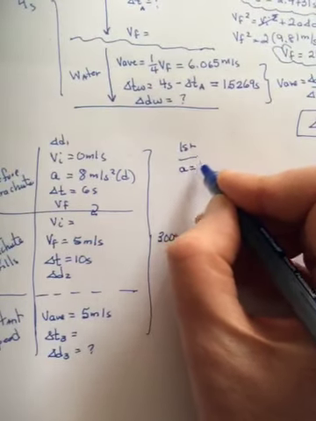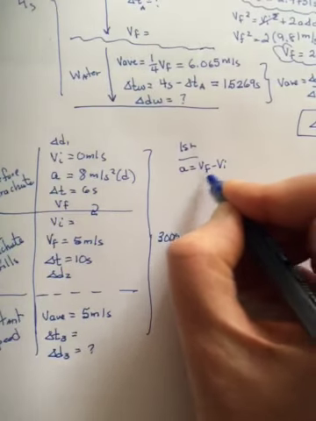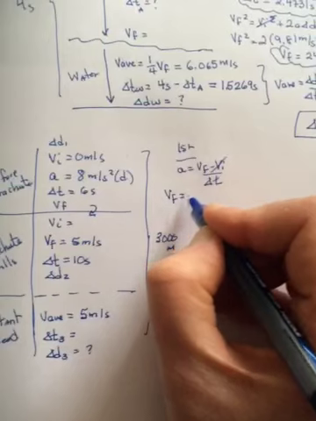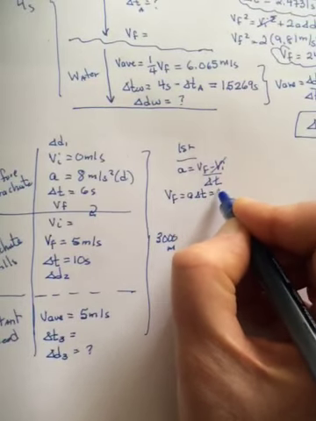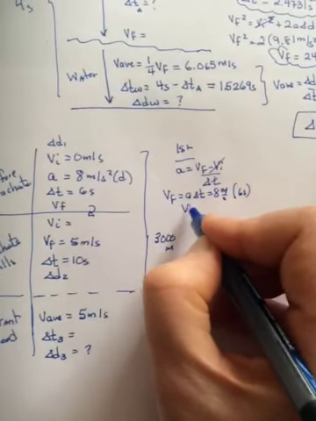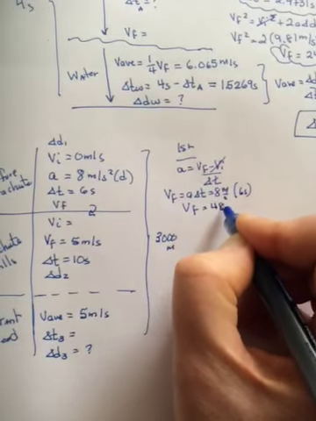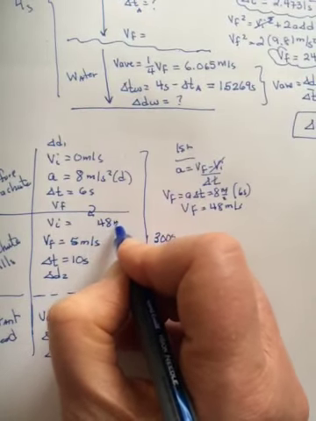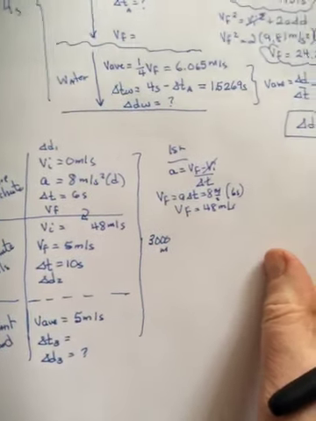So using A equals VF minus VI over delta T, the VI is 0, VF equals A delta T. So 8 meters per second squared times 6 seconds, the VF is 48 meters per second. And so that becomes the VI in the second part, which was why we needed it.